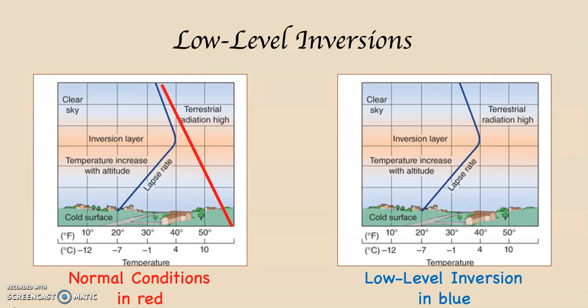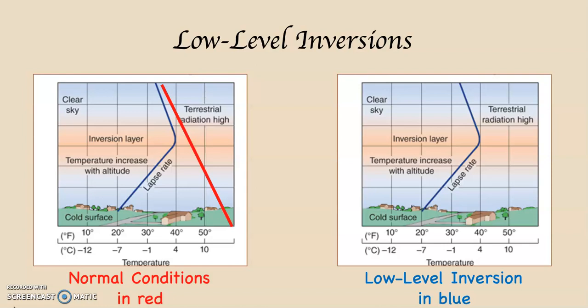Now, if you look over on the right-hand side, you can see what's happening. I've removed the red line. Because that's a long, cold, clear, calm night that's being depicted, you can see it says cold surface. Notice that the air that's in contact with the ground is very cold. And as you increase elevation away from the ground, air temperature is actually going to the right, which means it's warming up.